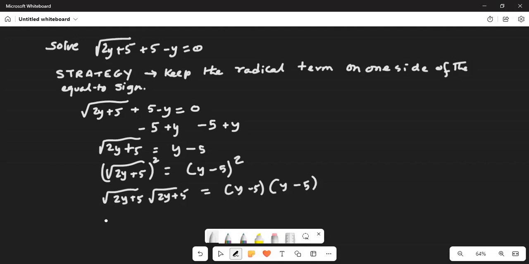Okay, so now I have on the left-hand side square root of 2y plus 5 square inside the square root. On the right side, I will FOIL. First term, that means y times y is equal to y square. Then outside terms, that means y on the first term outside and minus 5 on the outside of the second term.